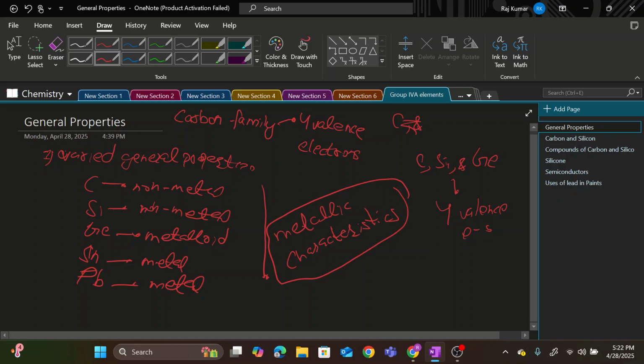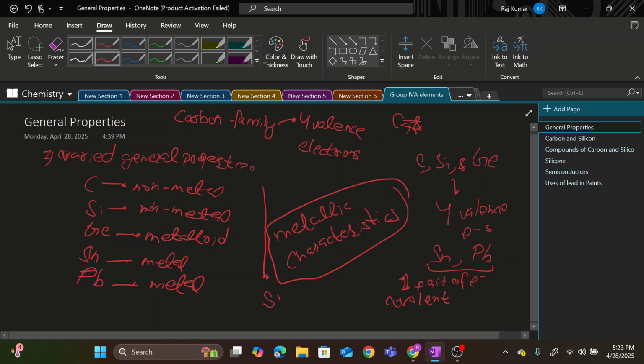But tin and lead have two pairs of electrons. When one pair of electrons is participating, they form stannous or plumbous compounds, and they form covalent bonds.